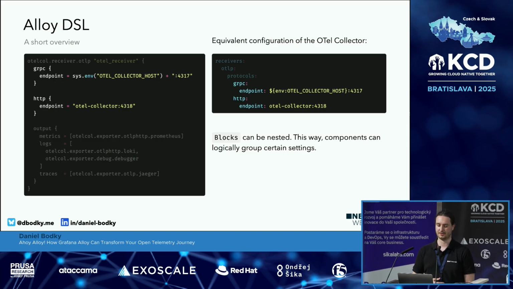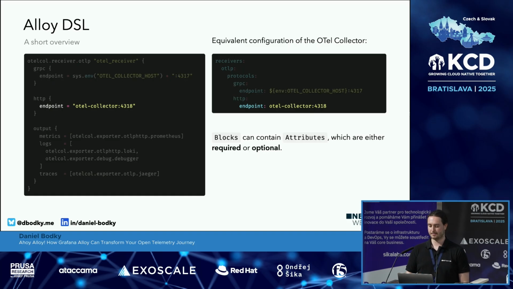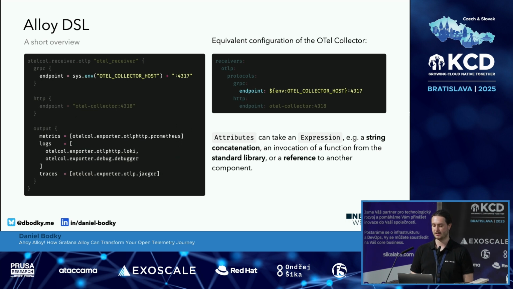Here, for example, for the gRPC and HTTP endpoints, and they just allow you to logically group certain configuration settings that belong or go together, right? Those blocks then can contain attributes, arguments which are required or optional, and they can be either fixed values, strings, bools, numbers, or they can be evaluated dynamically, as I mentioned earlier.